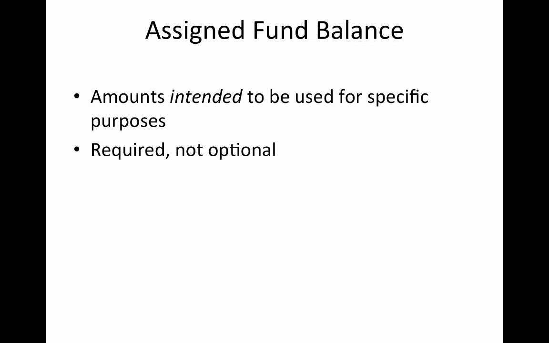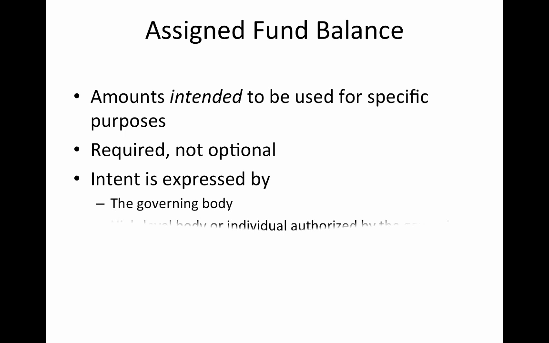Assigned fund balance are amounts that a government intends to use for a specific purpose, but the government could go ahead and use them for some other purpose, and it wouldn't have to do anything to allow it to do so the way it does for committed, or as it would for restricted. It would need to get the permission of the resource provider.